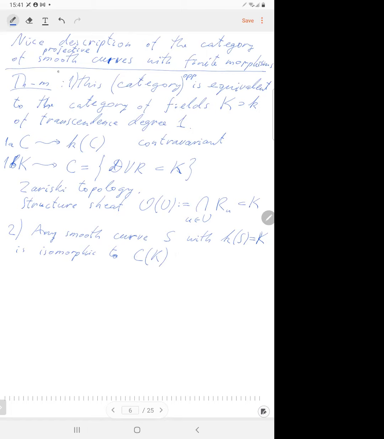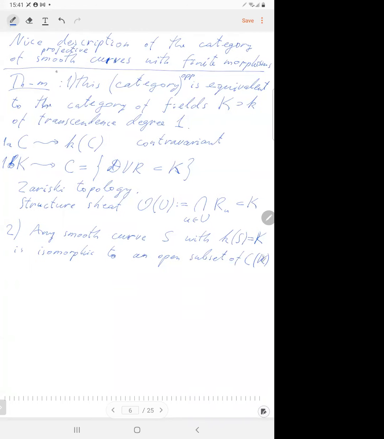Maybe I should say to an open subset of C of K. Okay, so by C of K, I mean the smooth projective curve constructed in the first part of the theorem.